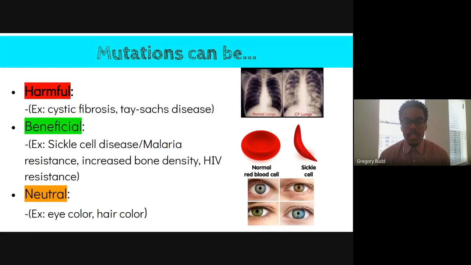But what we're saying is, in fact, I don't like the way that this slide is worded either. People who have the sickle cell trait are malaria resistant. That doesn't necessarily mean that they need to have sickle cell disease.